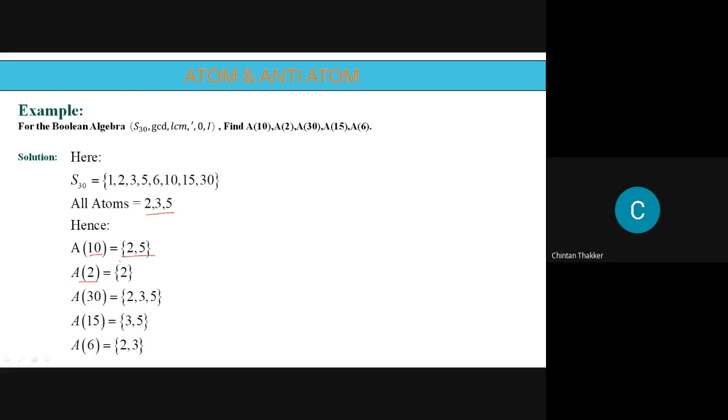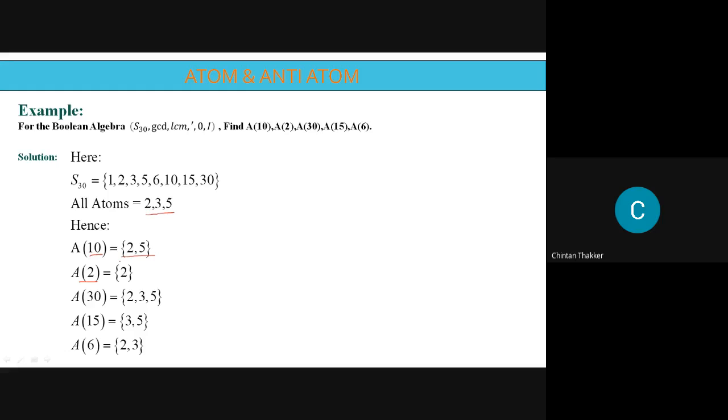Then A30 means the I element, so it contains all atoms. So A30 is {2, 3, 5}. Then A15: 3 divides 15, 5 divides 15.